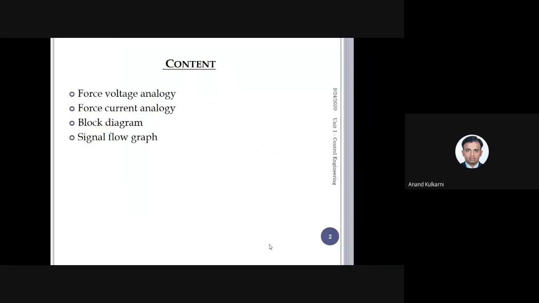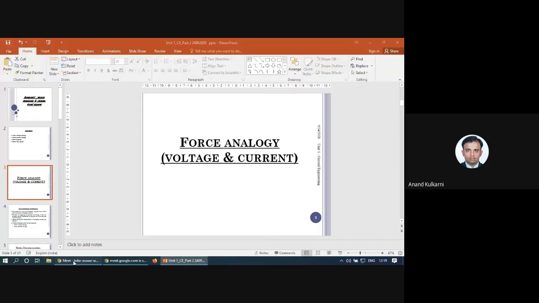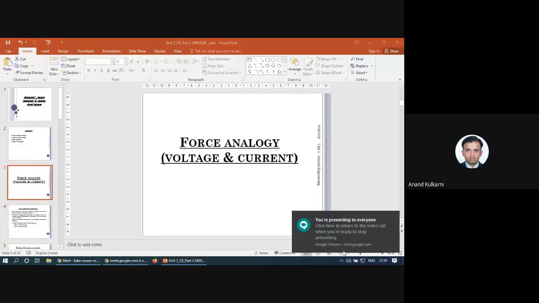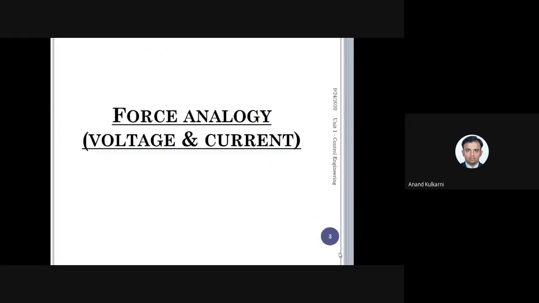The content of this part is force voltage analogy and force current analogy. First we'll understand what is force analogy. We have two parts: force current analogy and force voltage analogy.